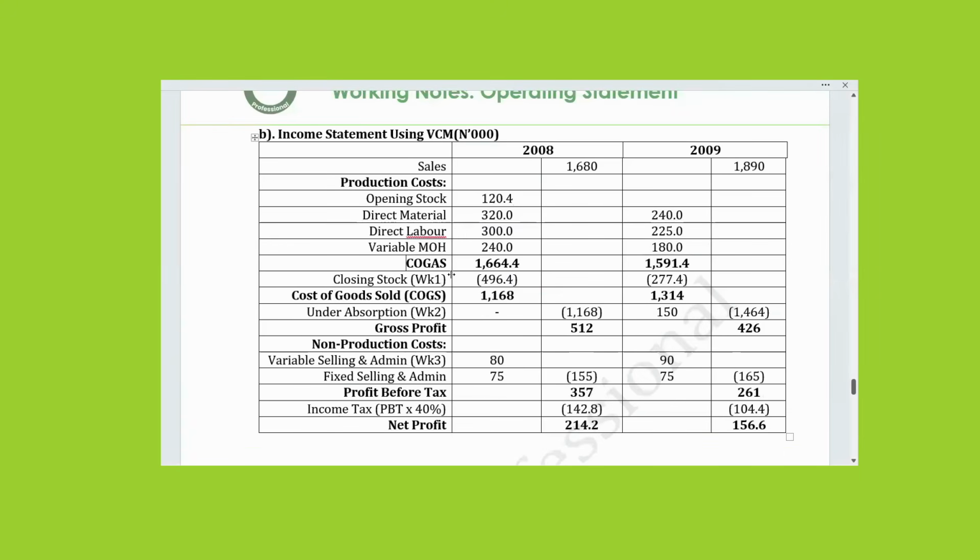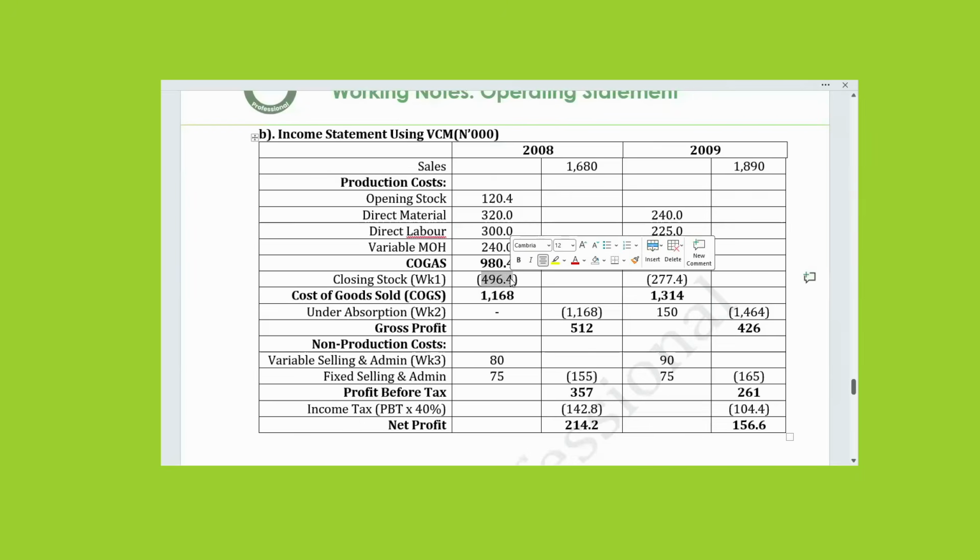All right. So let's determine our cost of goods available for sales. Festus, add it together. 120.4 plus 320 plus 300 plus 240. What do you have? 980.4. That's cost of goods available for sales.